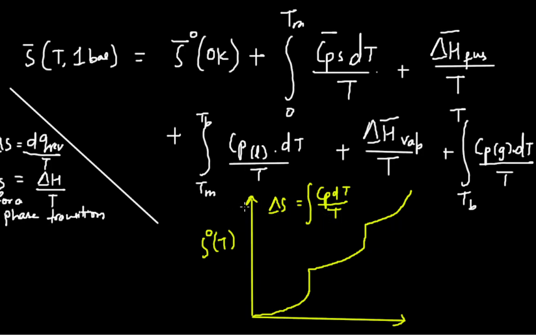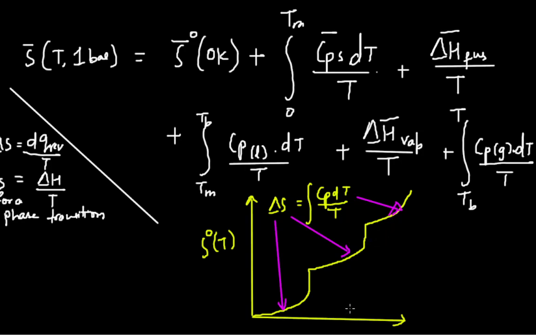Okay, so using that previous relationship, where does it work? It works in these three regions of the graph, and here it is.